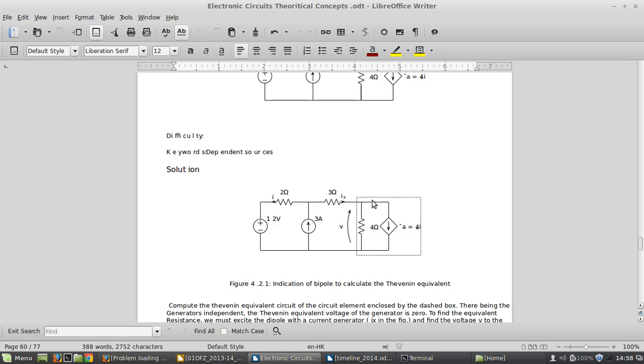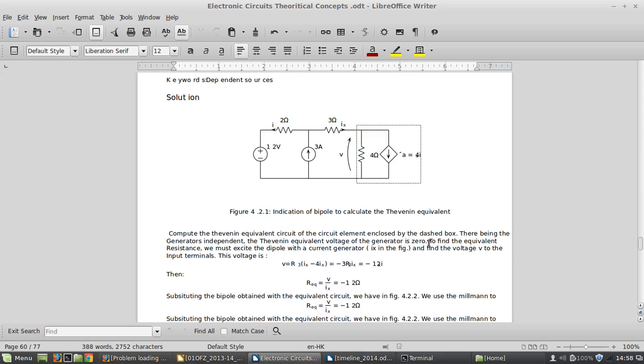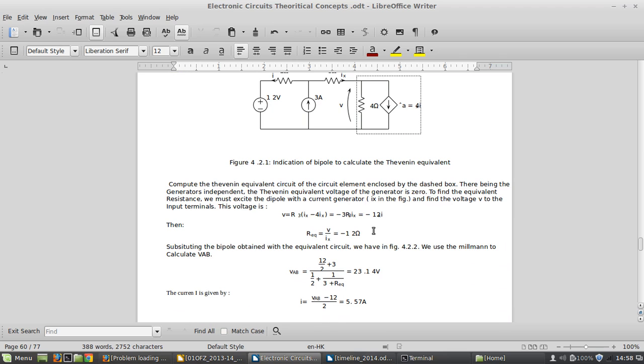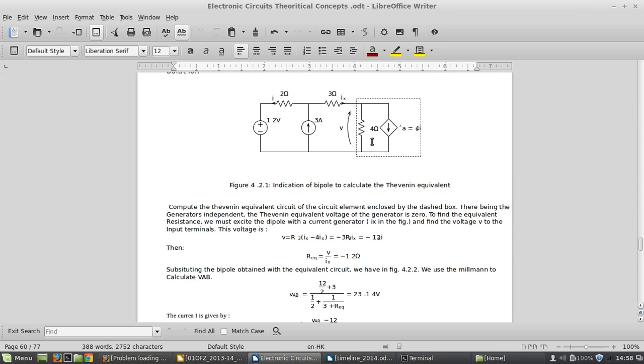I just indicated this bipole to calculate the Thevenin equivalent circuit, which consists of a resistor and a voltage source, V Thevenin and R equivalent. So getting V Thevenin and R equivalent, I can easily find the value of ix, right? So that trick I am going to use here.